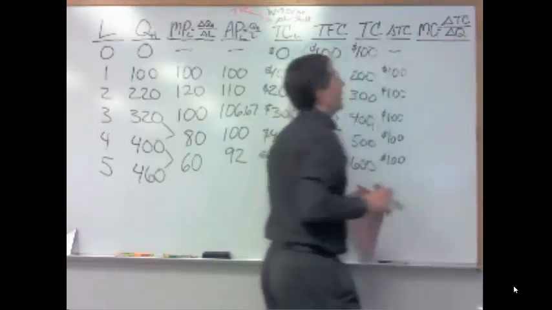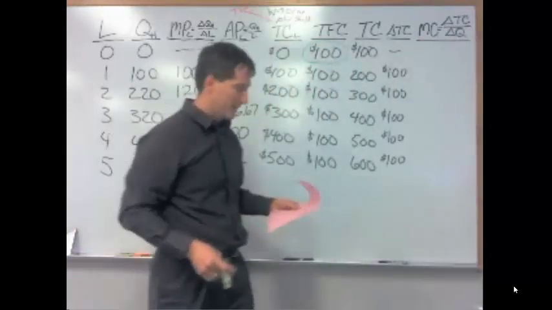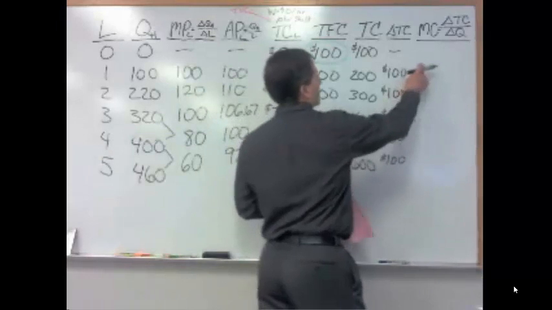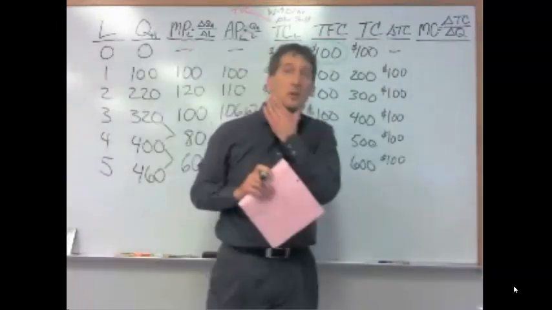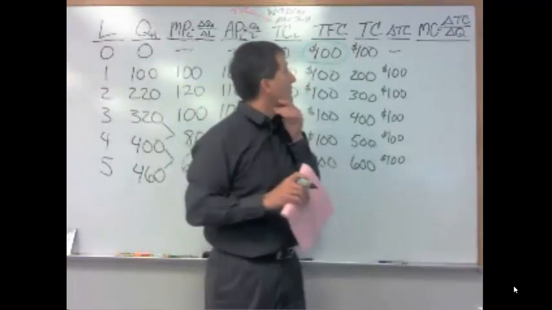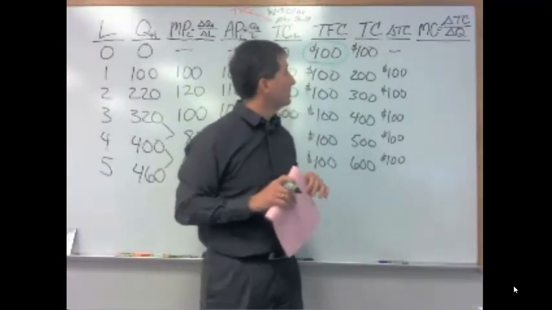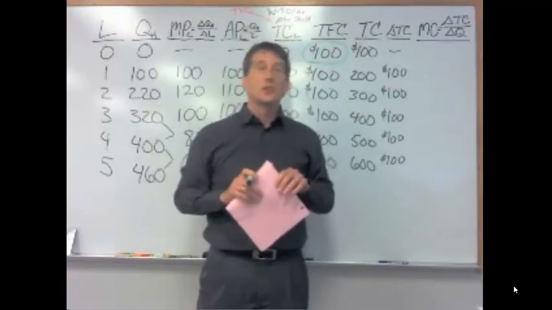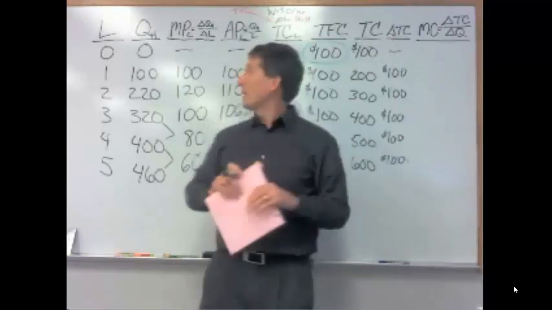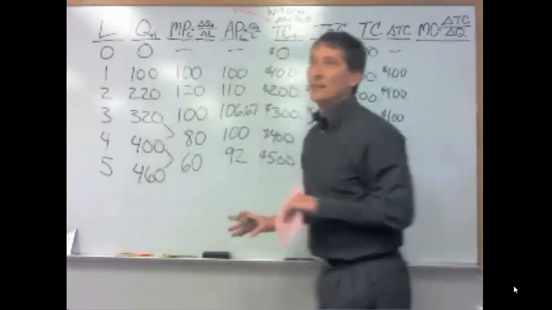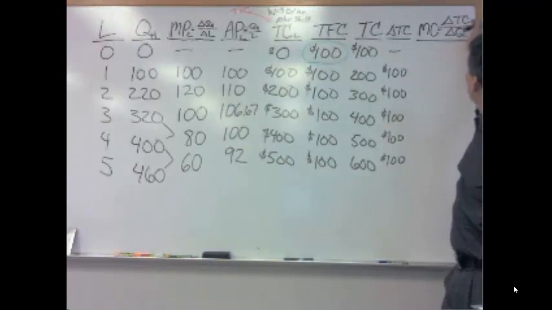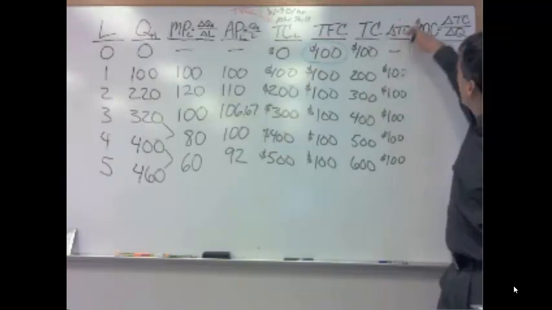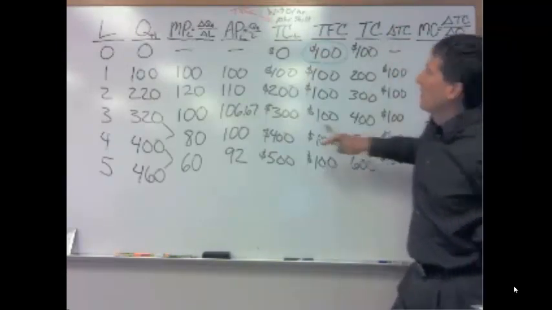All right, so what is the marginal cost of the first hamburger? What does that number equal? Change in total cost, I got all the information here. What is it? It's $1. My total cost goes up by 100.